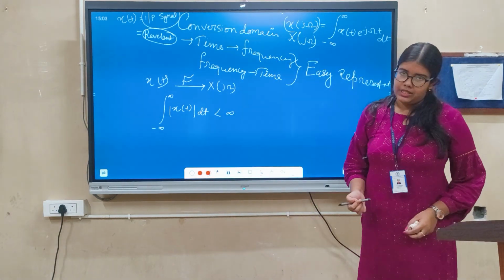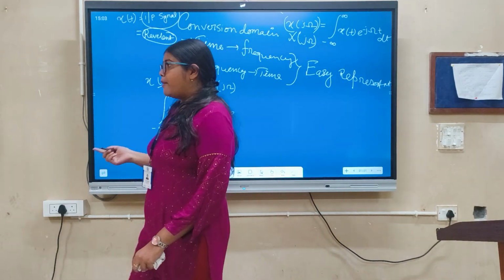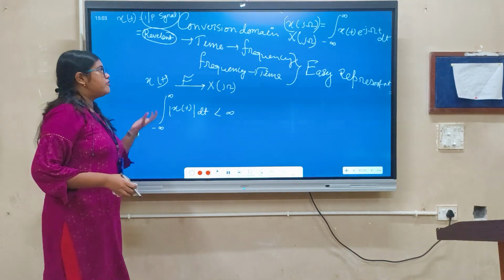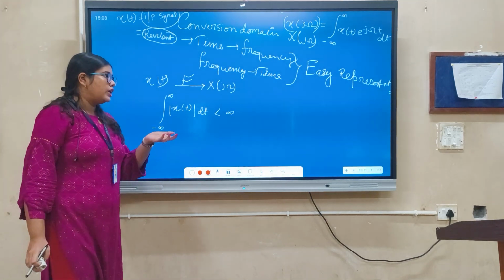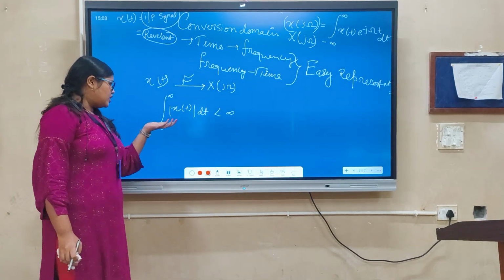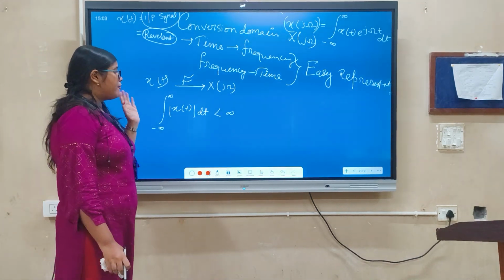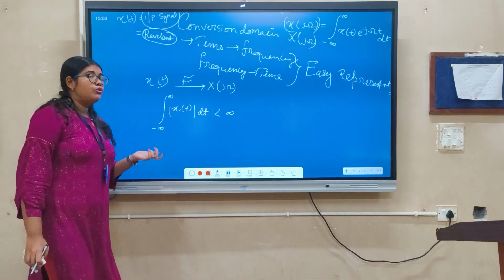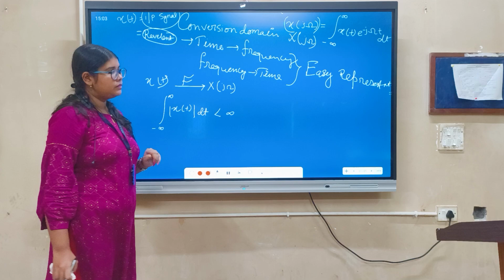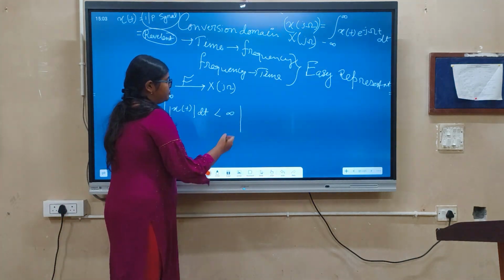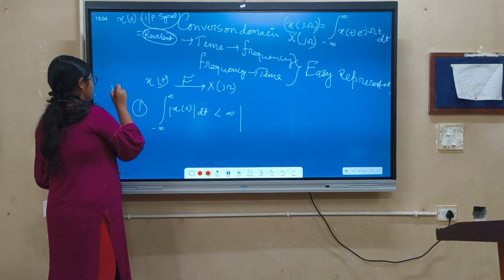If it is not a stable system, we cannot transform it. So for those signals we want to convert into frequency response, the absolute integral of that signal has to exist. That is the first property for the existence of Fourier transform.